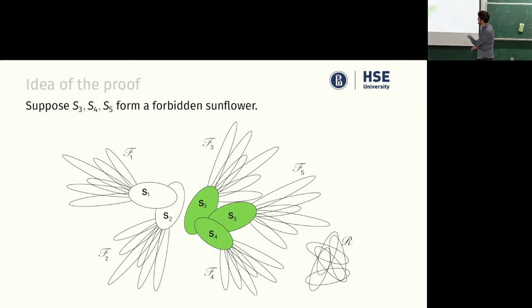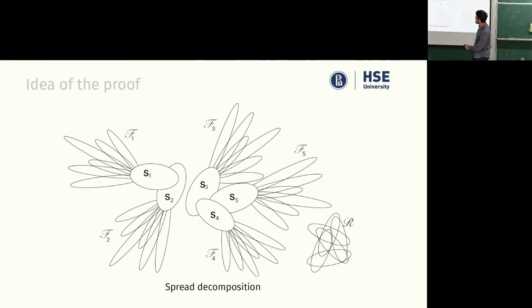And the idea is as follows: you consider some S sets and wish to prove that they could not form a forbidden configuration, or a configuration from a downclosed family of forbidden configurations.